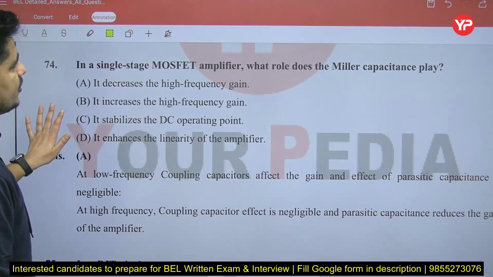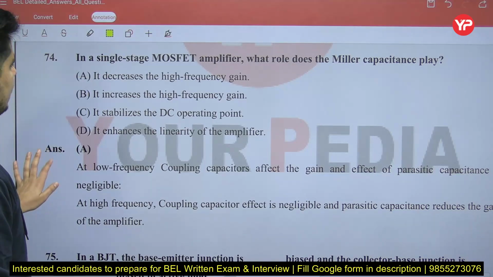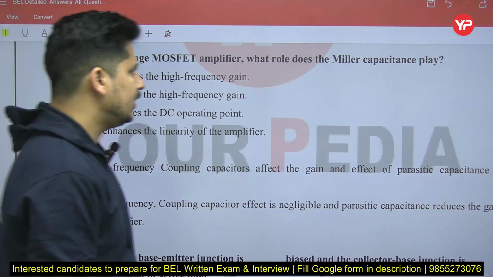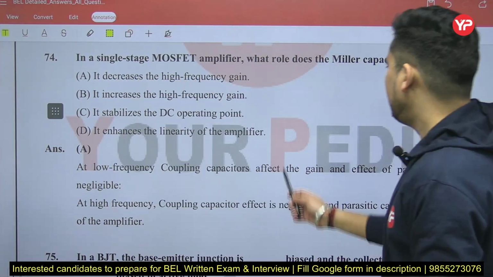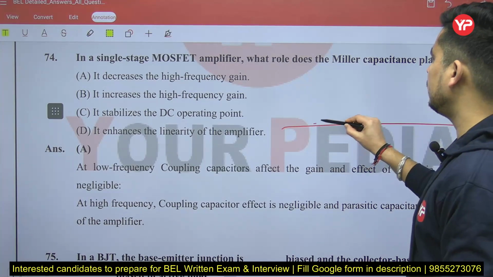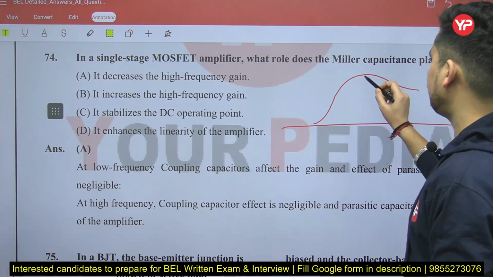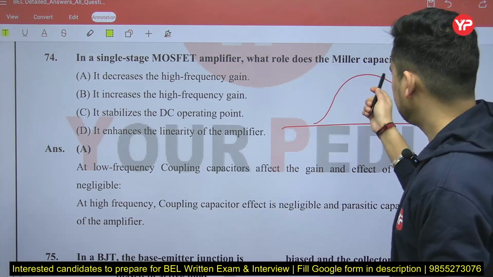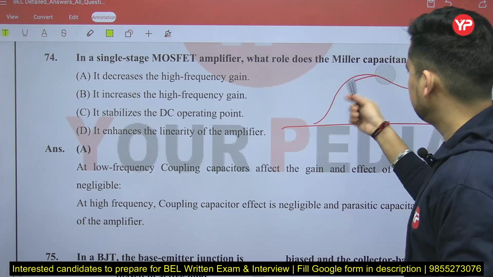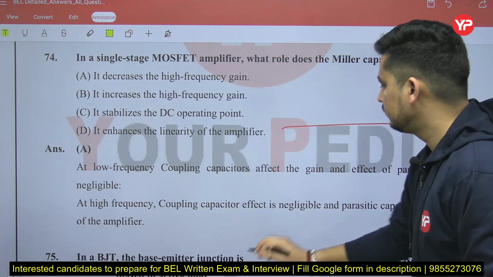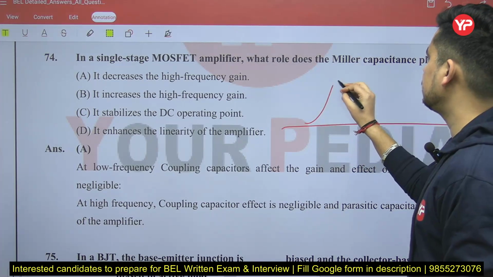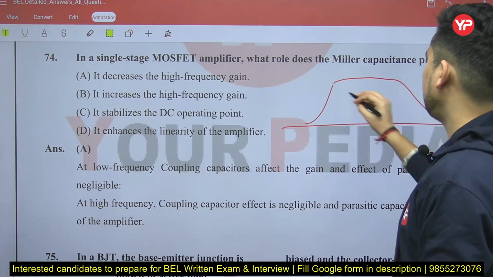Single stage MOSFET amplifier, what is the role of Miller capacitance? See, basically, if I draw the frequency response of your amplifier, this is the frequency response of our amplifier.